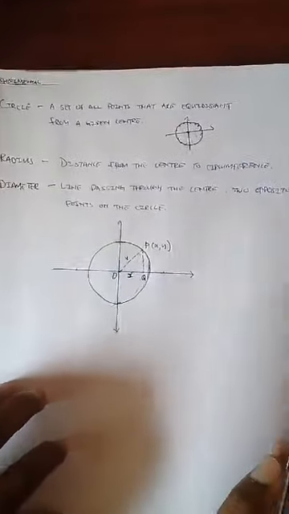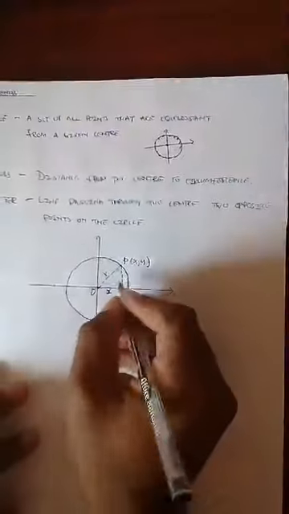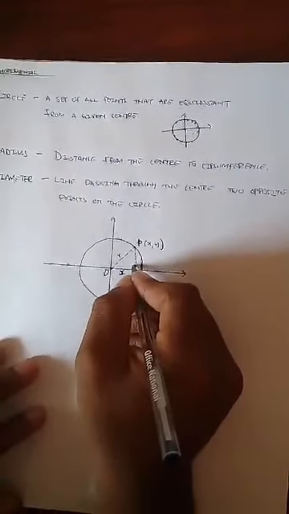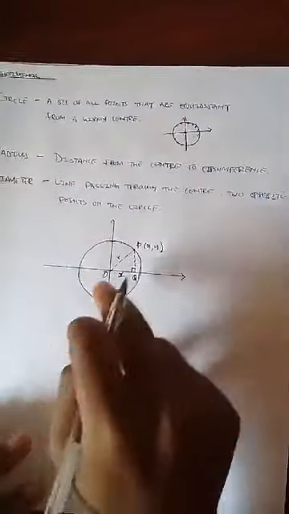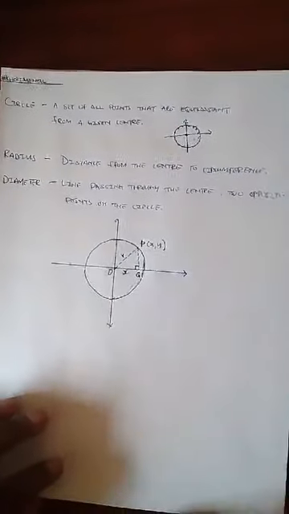So this is a circle, but I've just introduced a right angle triangle, and the hypotenuse of that right angle triangle is the radius, right?